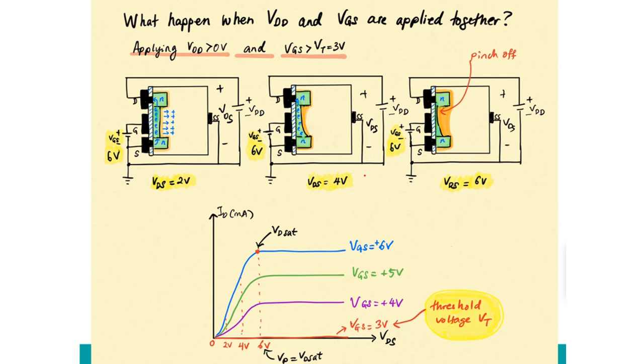Then when we increase the VDS, the reverse bias happens here and the depletion region will be getting bigger and bigger. See the depletion region here. When I increase the VDS to 6 volt, the depletion region is getting bigger until the pinch off happens here.